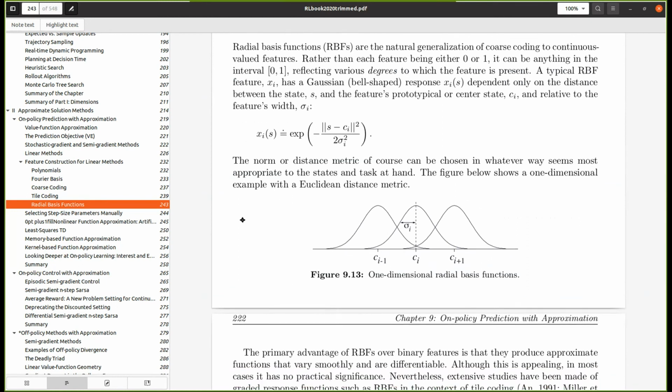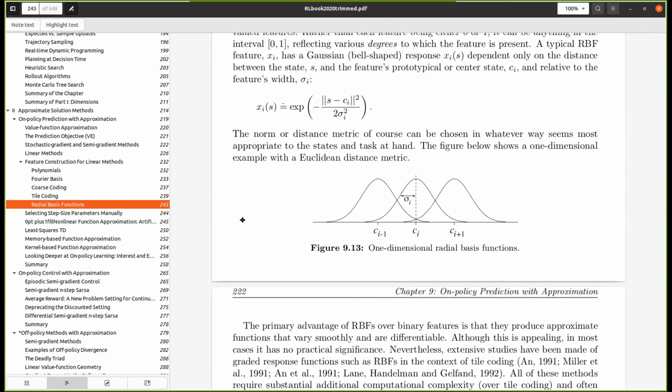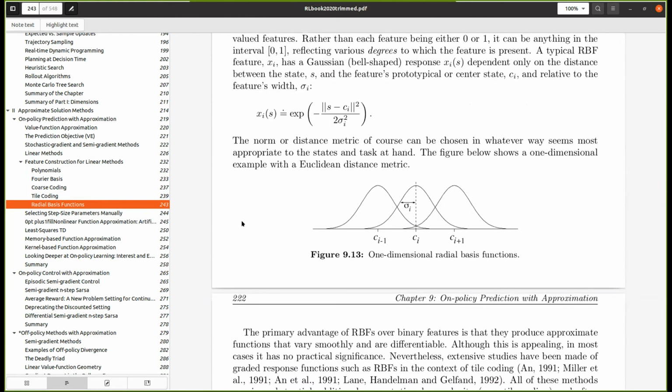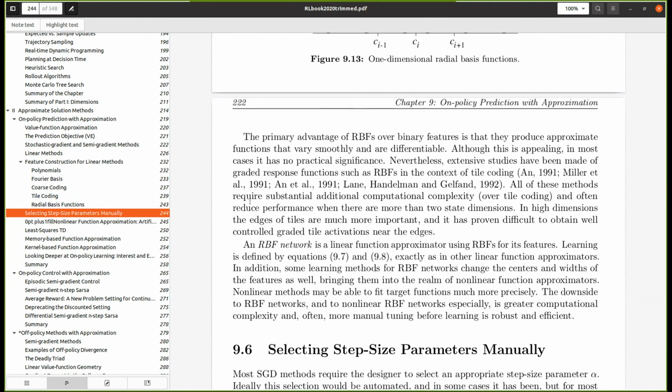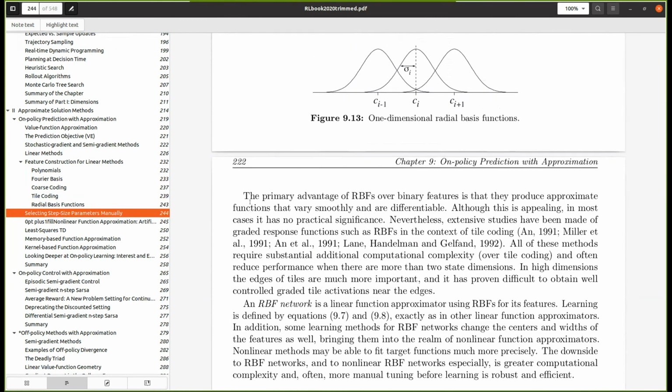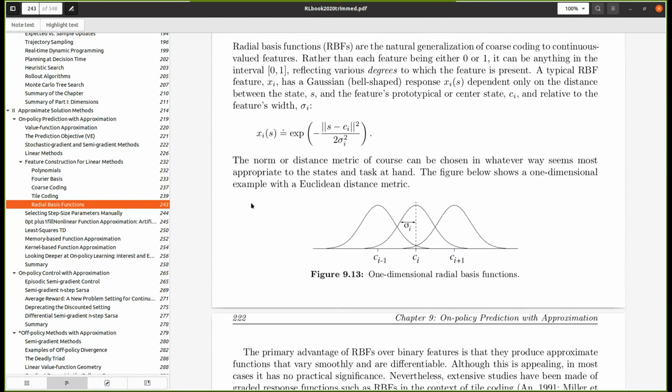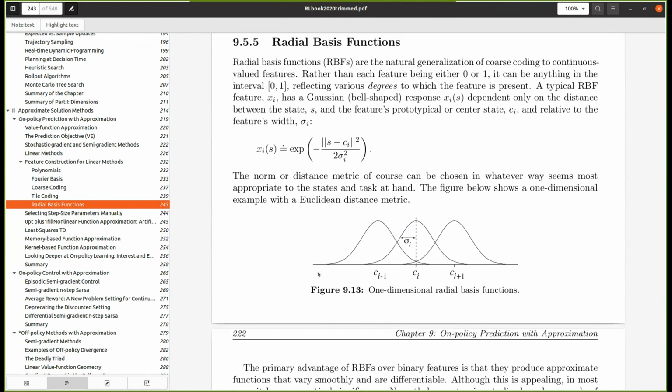It gives a smooth, expressive kernel for your features, and the same kind of function can be used here to produce a feature representation of a state. All right.